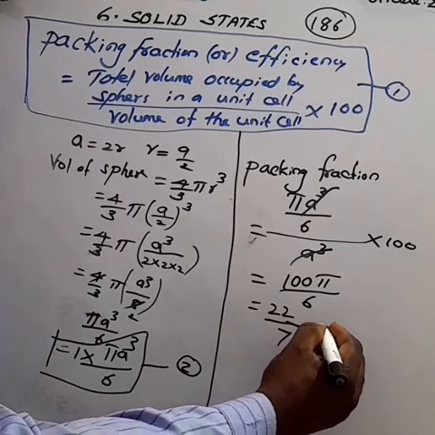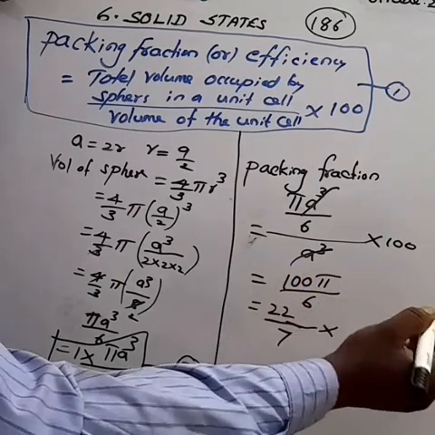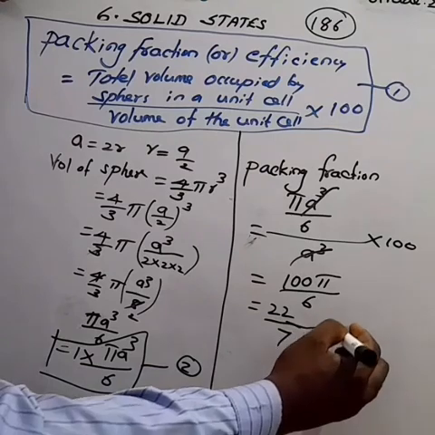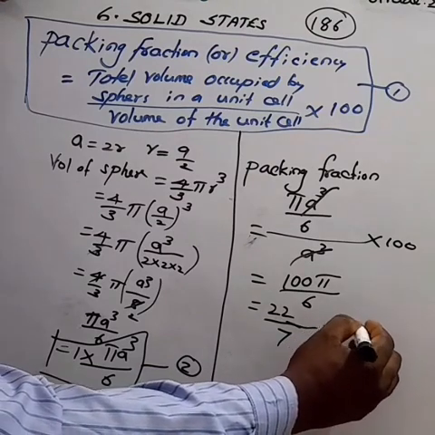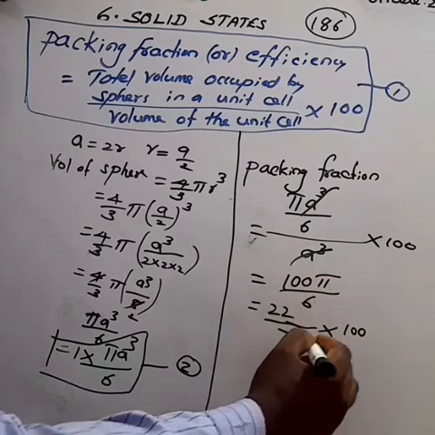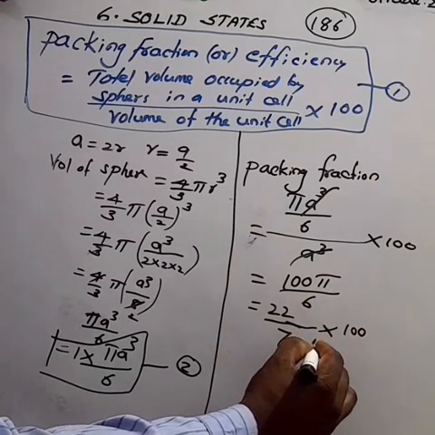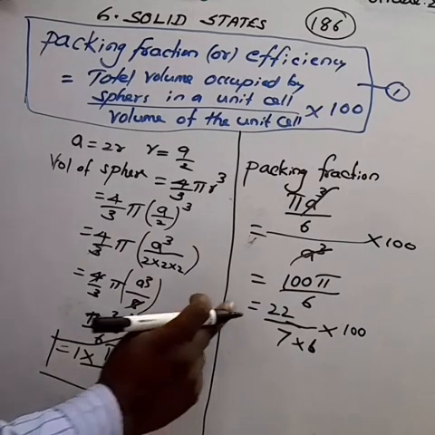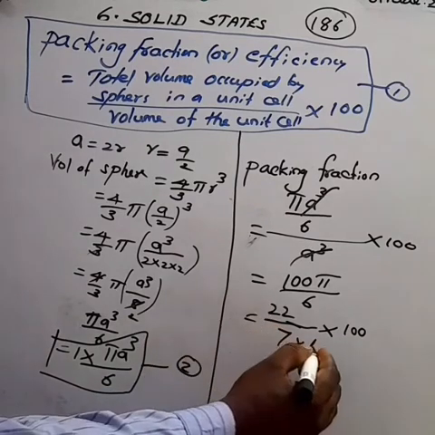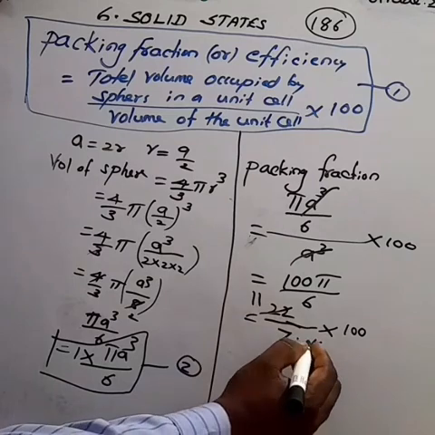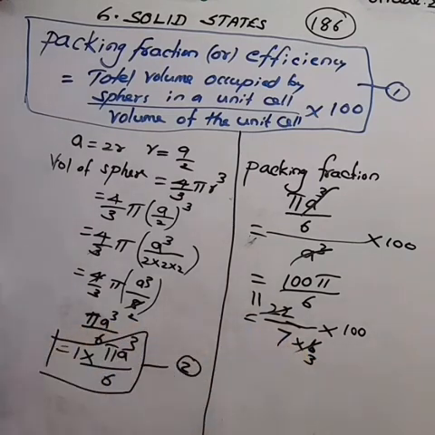We have two values for pi, one is 3.14, and we use 22 by 7 here. So 22 by 7 into 100 divided by 6. Here 6 and 22 I am going to cancel, 6 becomes 3 and 22 becomes 11.